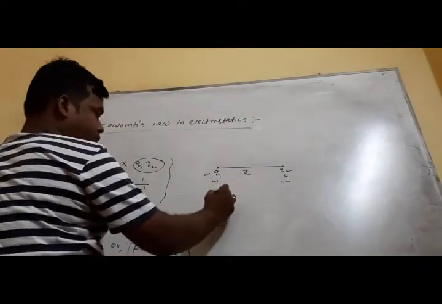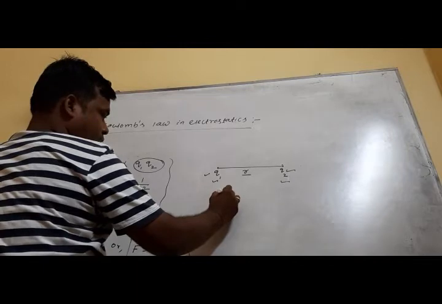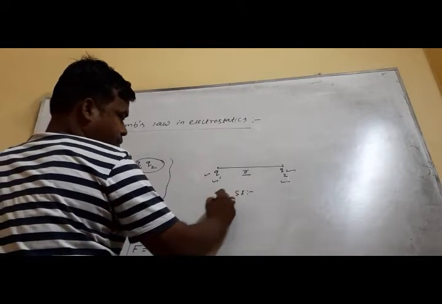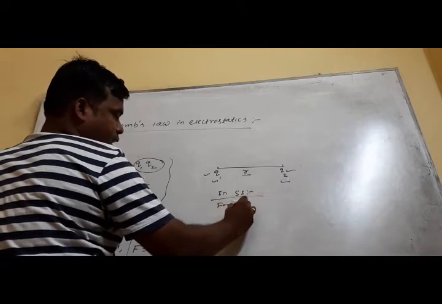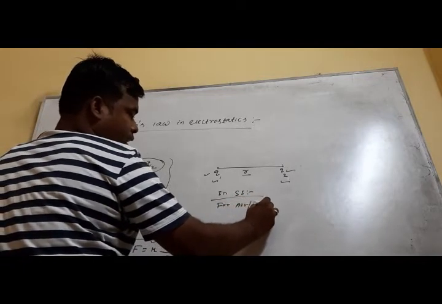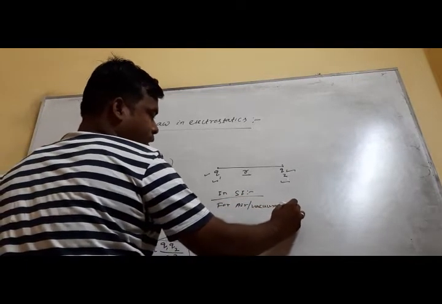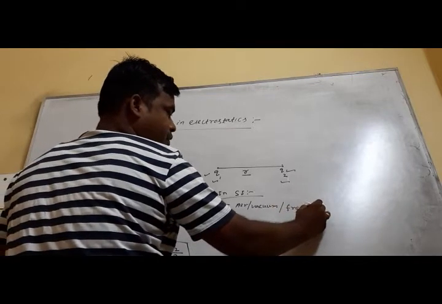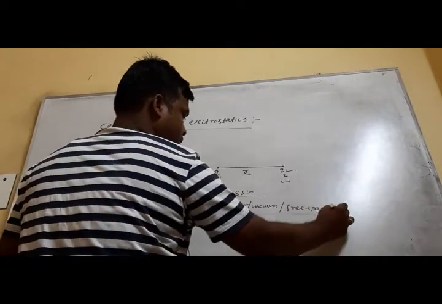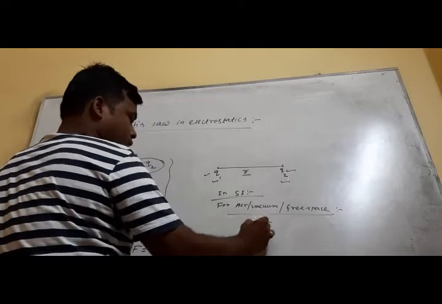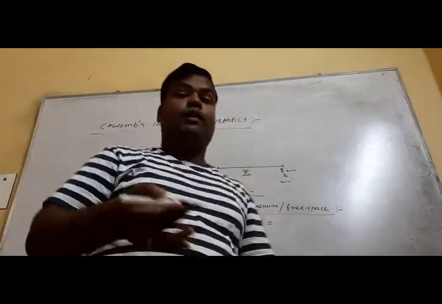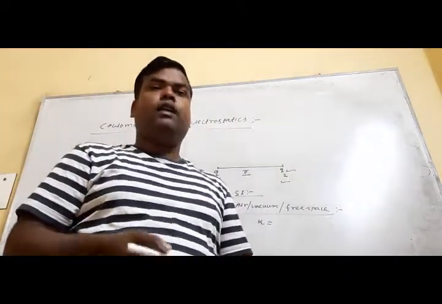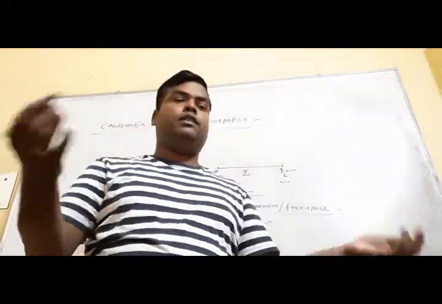If you take the SI system, and the medium is air or vacuum or free space, the value of k, you have to take small k because we will take capital K for dielectric constant. What is dielectric constant we will discuss later.